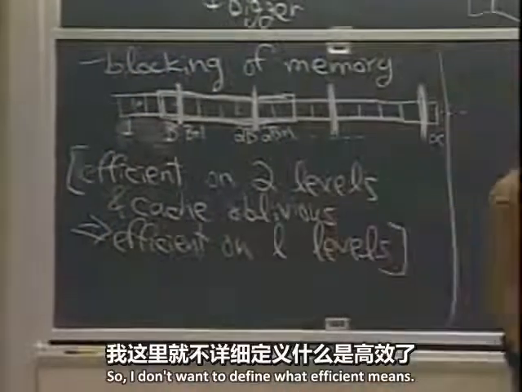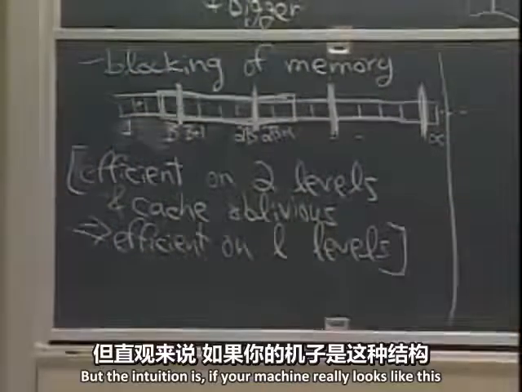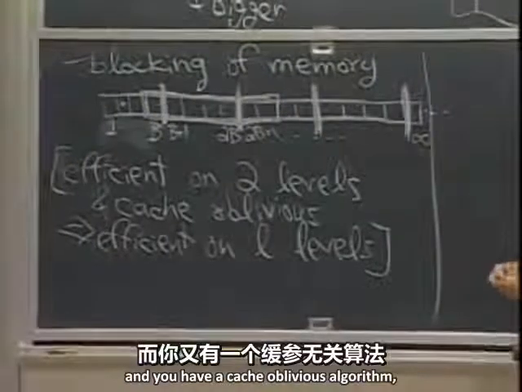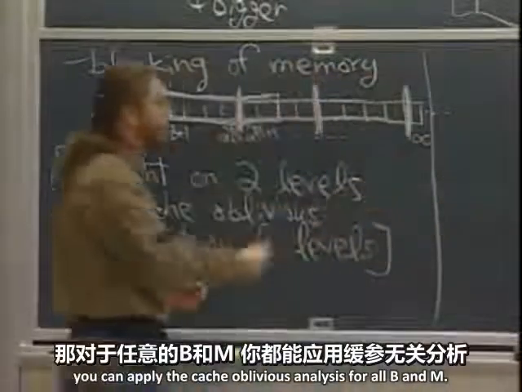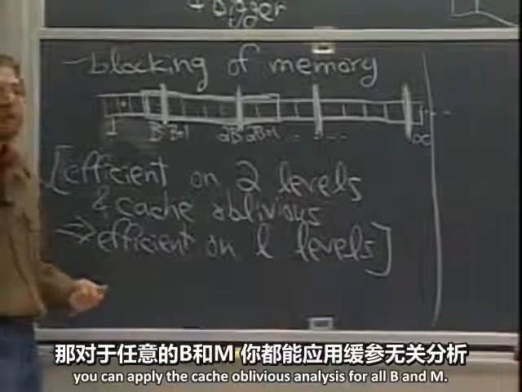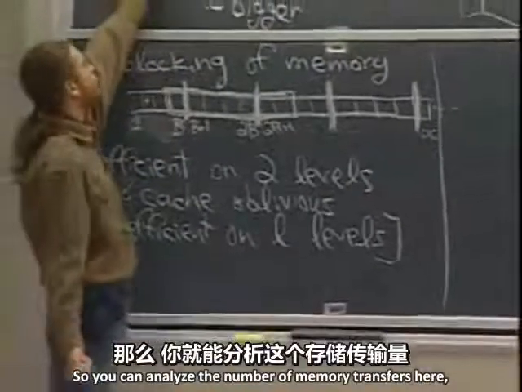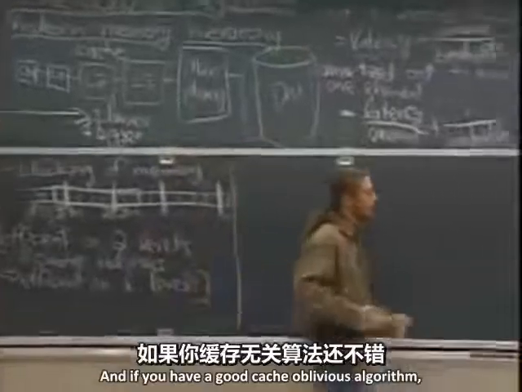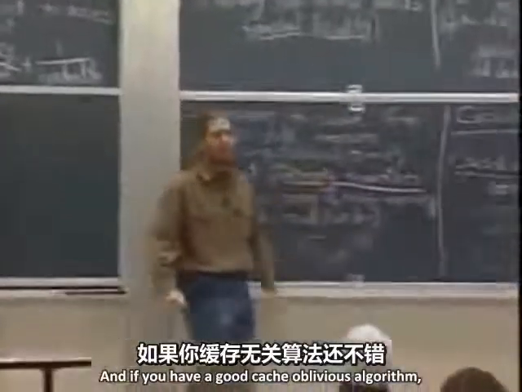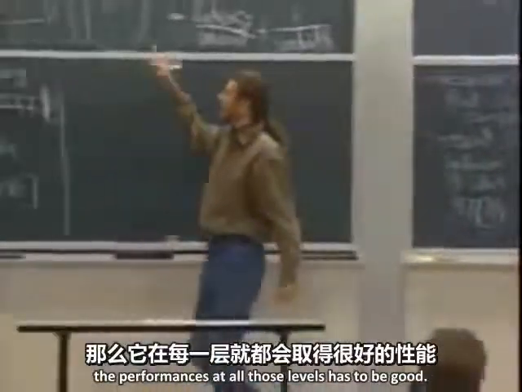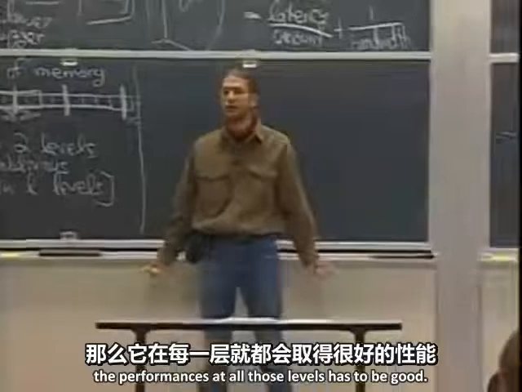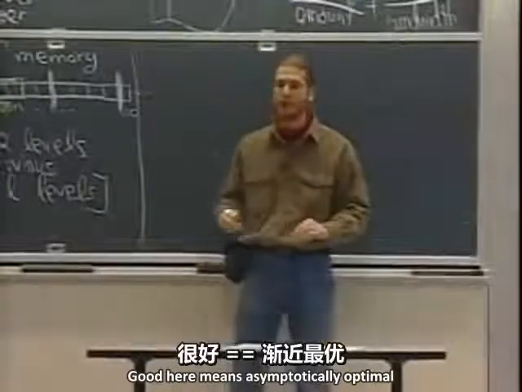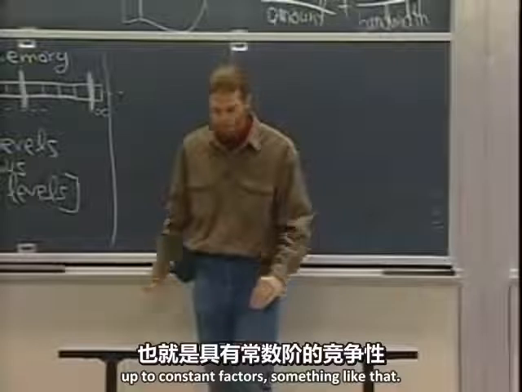I don't want to define what efficient means. But the intuition is if your machine really looks like this and you have a cache oblivious algorithm, you can apply the cache oblivious analysis for all B and M. So you can analyze the number of memory transfers here, here, here, here, and here. And if you have a good cache oblivious algorithm, the performance at all of those levels has to be good. And therefore, the whole performance is good. Good here means asymptotically optimal up to constant factors, something like that.